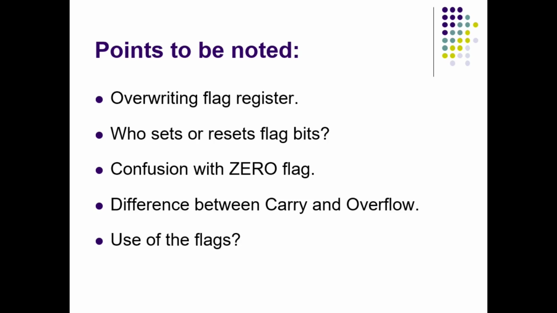So every flag bit, that is carry, sign, negative and zero flag bits, will get overwritten when an instruction is executed. And when a new instruction gets executed, again it is overwritten. That is because we have only one flag register and only one bit for every flag. So every time a new instruction gets executed, those flag bit values which represented the status of the previous execution get overwritten.